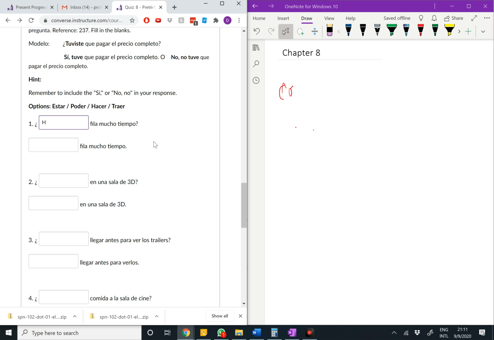So we want to ask our friend, and we know we want to do it in the tú form because this is the tú form up here. So the tú form of hacer is hiciste fila mucho tiempo. And we're going to respond with sí. Yes, I stood in line for a long time, or no, hice fila mucho tiempo. And that's it. Now we've eliminated hacer, so keep going down exactly like that.